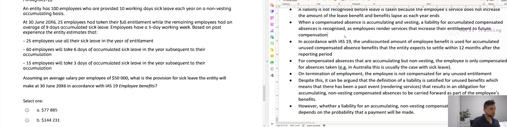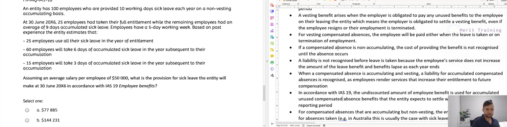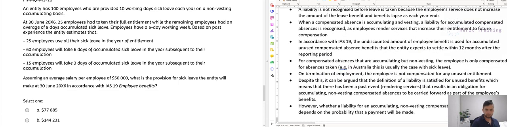Guys, for this question, refer back to the section where we talked about vesting, non-vesting, accumulating, non-accumulating. And if you remember how we actually treat, so this one is basically accumulating and non-vesting. How we treat that is, if we just look through our notes and say accumulating but not vesting, so here we go here.